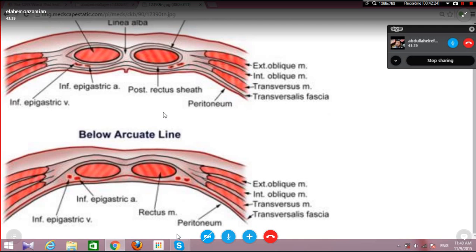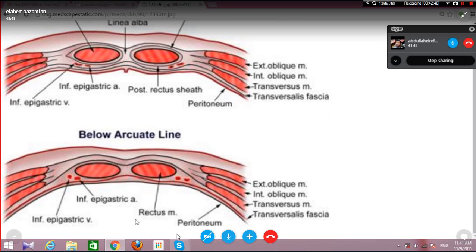No? Look here. Do you remember we went through layers? Do you see this is rectus abdominis? It has the anterior layer of rectus sheath and here is the posterior layer of rectus sheath.